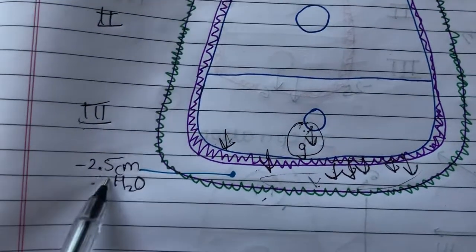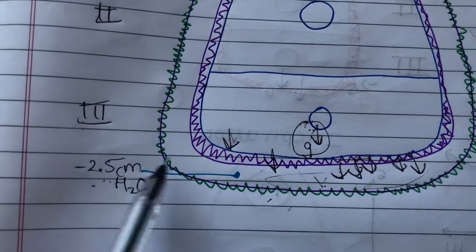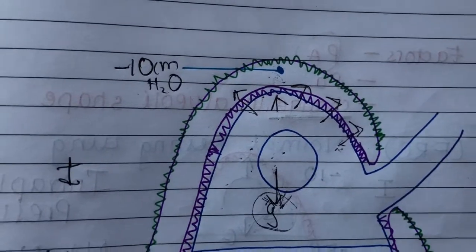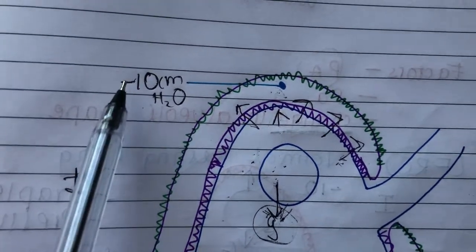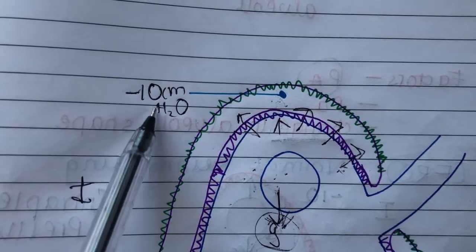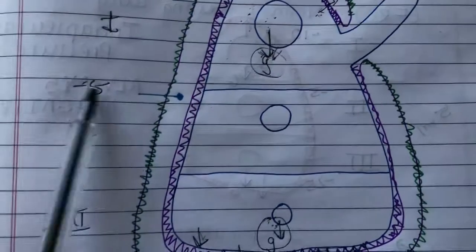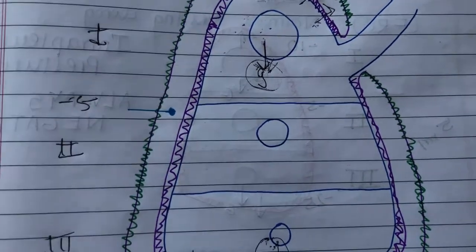So a less negative intrapleural pressure develops at the base of the lung, that is minus 2.5 centimeter H2O, compared to the apical portion of the lung where a greater negative pressure of minus 10 centimeter of water develops. And in the middle it is minus 5.